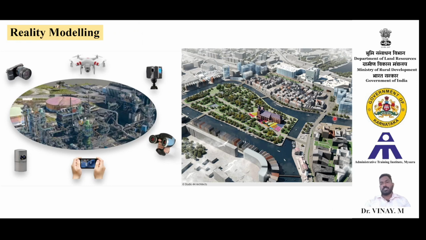And one more technology which is being used in geospatial science and technology is reality modeling. In reality modeling, we are bringing the virtual information about the earth into a computer system. Whatever we are able to see through our eyes, the same detailed information can be brought to the computer system by creating reality models.